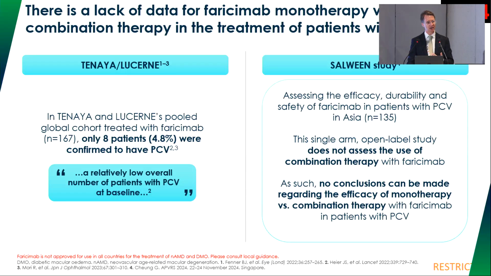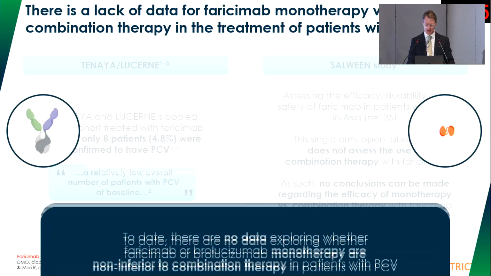So with faricimab, which also targets anti-VEGF, a relatively small number of patients were studied in the Tenaya and Lucerne studies, hence the development of the SALWEEN study, which looked very specifically at a PCV population in Asia. I think it'd be fair to say that there was a good increase in visual acuity, but what hasn't been studied is whether there was benefit in having photodynamic therapy in addition to this particular medication.